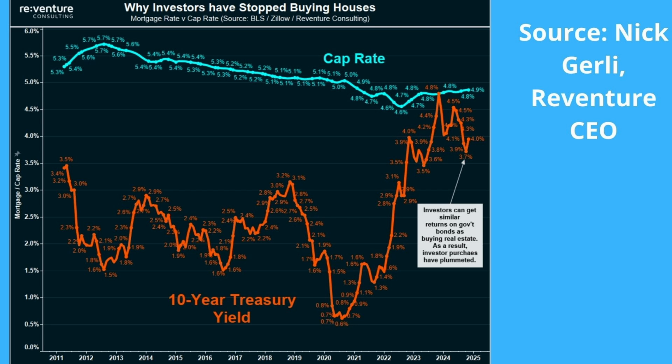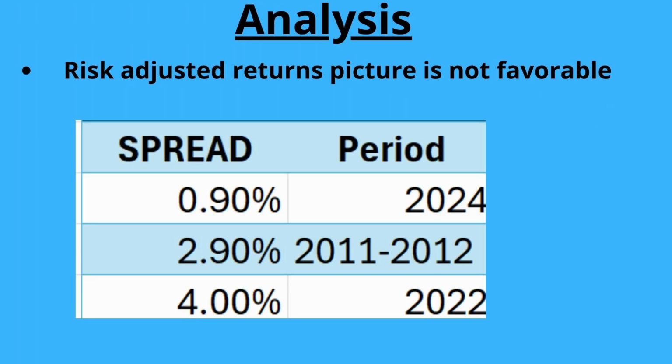So let's just do the spread. Based on Nick's analysis, the risk-adjusted returns picture is not favorable for real estate investors. Why? In the current period, the spread is around 0.9, so let's say 1%. In 2011, 2012, it was 2.9.